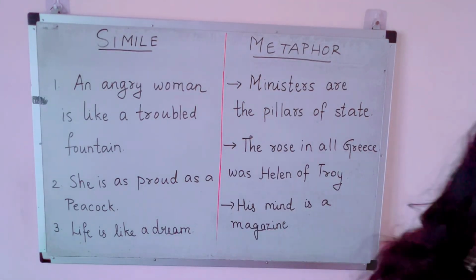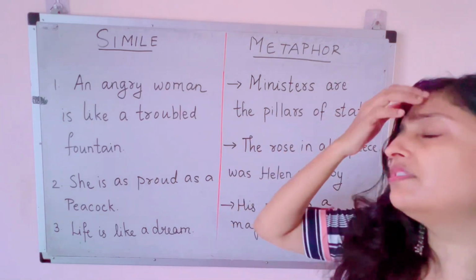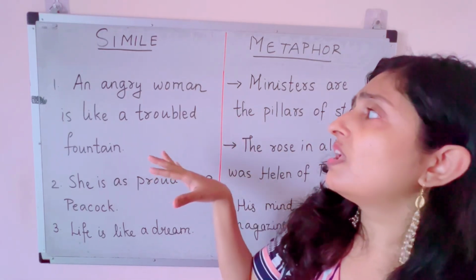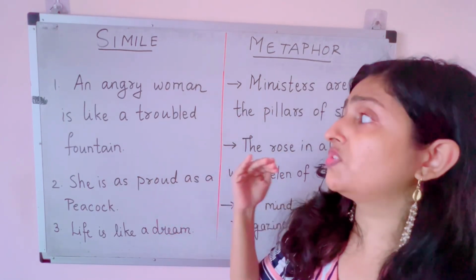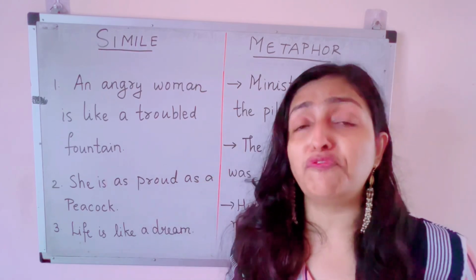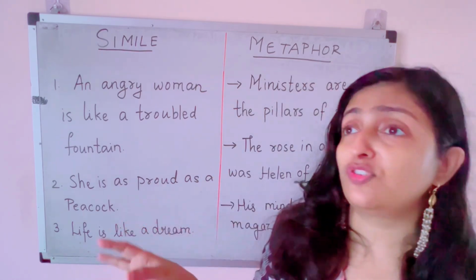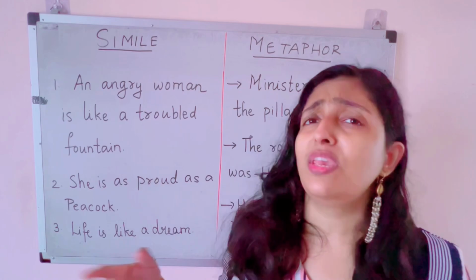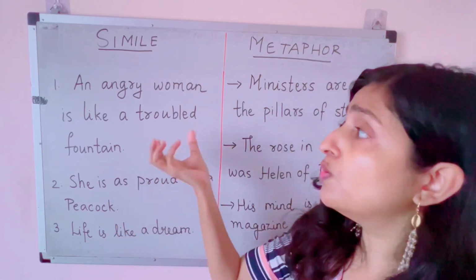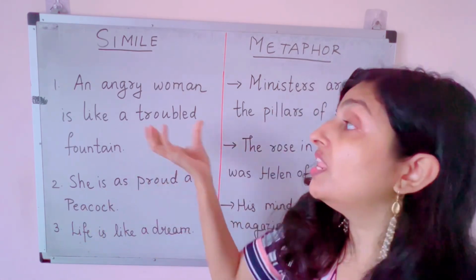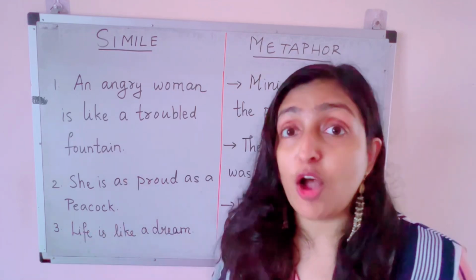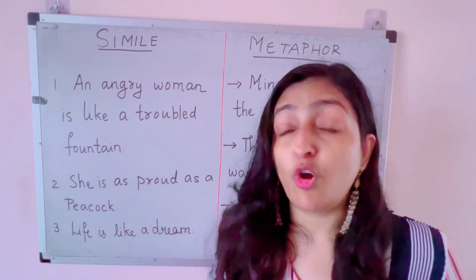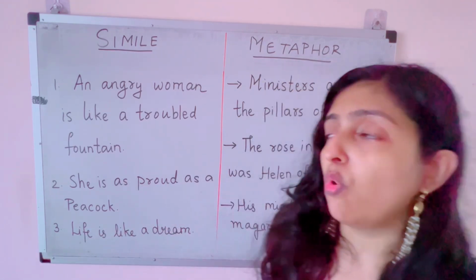So let's look at the examples. The first example of simile is, an angry woman is like a troubled fountain. If I have to say she is very angry and annoyed, then you can use such keywords like a troubled fountain, which means she cannot be pacified or controlled.